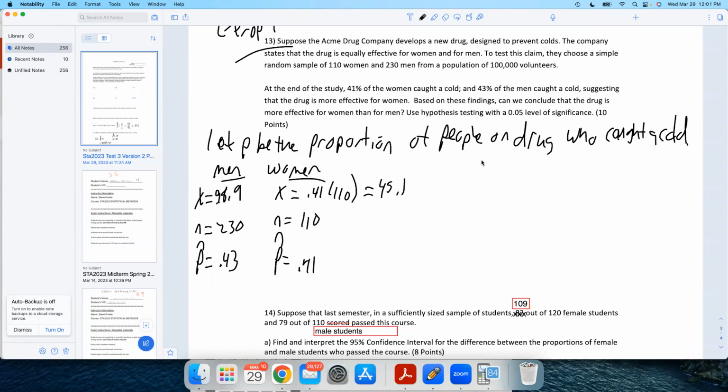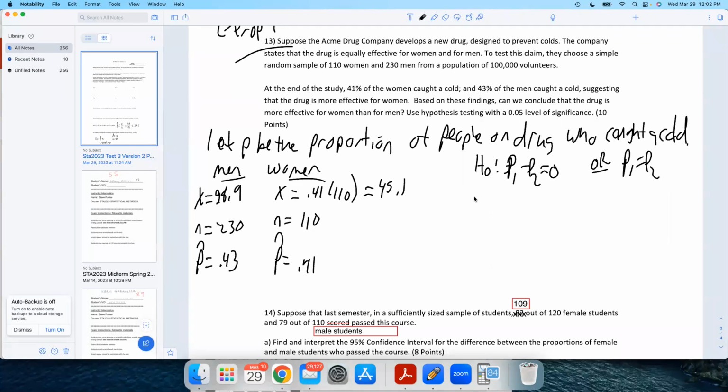All right, we write our hypotheses. My null hypothesis is always that the two groups are the same. You could either write that as P1 minus P2 equals 0, or if you like, it's okay to write that as P1 equals P2. These two groups are catching colds at the same rate. The drug works the same for both.